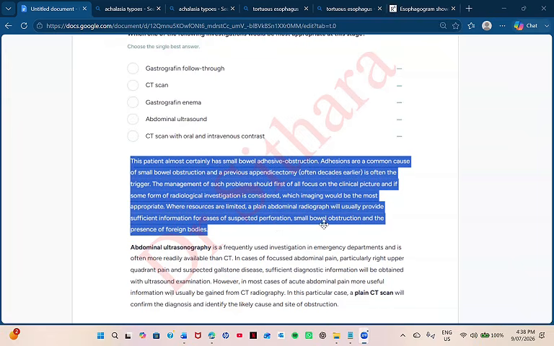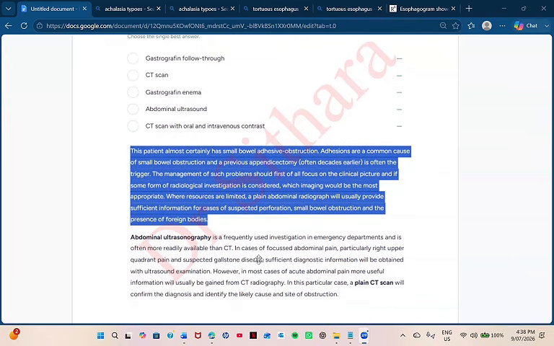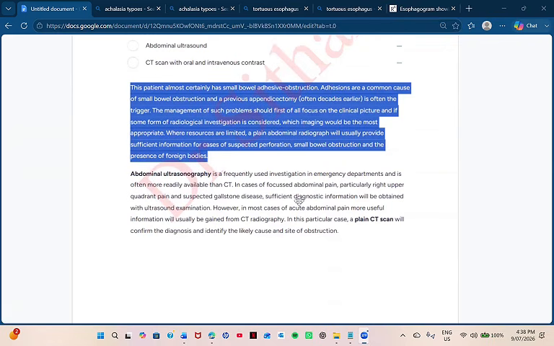A plain abdominal radiograph will usually provide sufficient information in cases of suspected perforation, small bowel obstruction, and the presence of a foreign body. Abdominal ultrasound is a frequently used investigation in the emergency department and is often more readily available than CT.